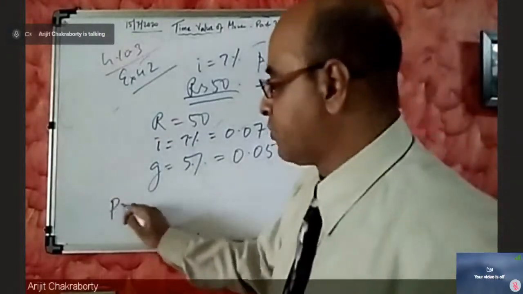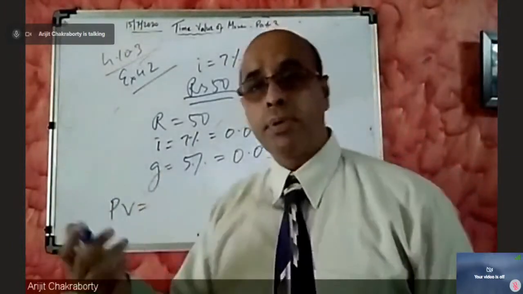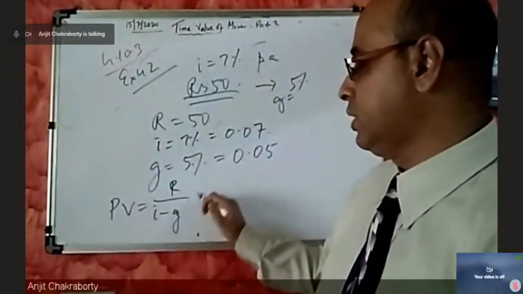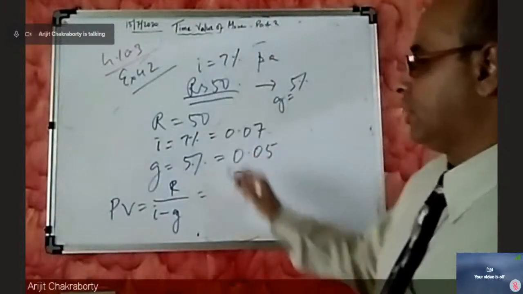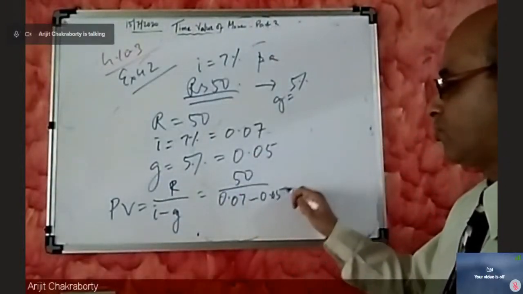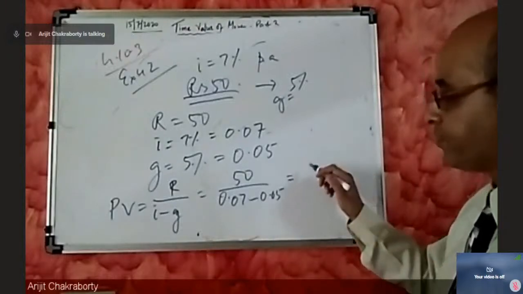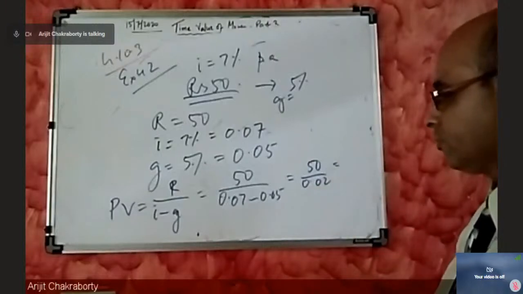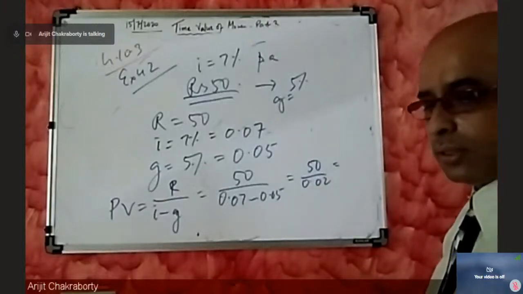And we know the present value formula for a growing perpetuity I showed you is R divided by I minus G, that is 50 divided by 0.07 minus 0.05. So it comes to 50 by 0.02. Right?